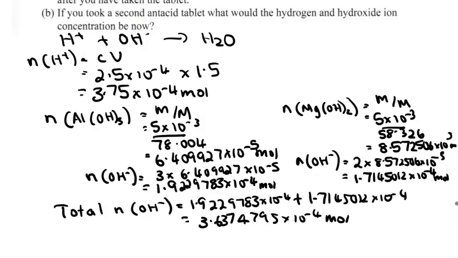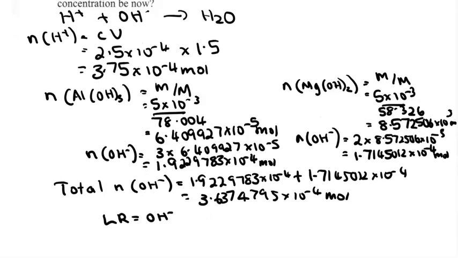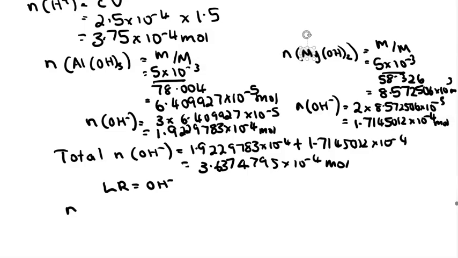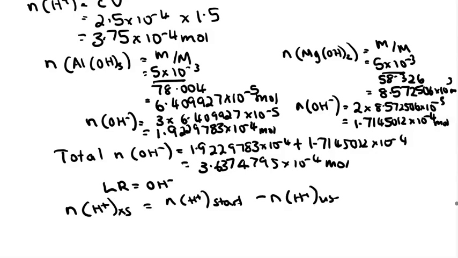Now this is a limiting reagent question, and you can see that the limiting reagent in a one-to-one equation would be hydroxide ions. So now you need to find the number of moles of excess hydrogen ions, and we do this by taking the number of moles of hydrogen ions at the start minus the number of moles of hydrogen ions used.